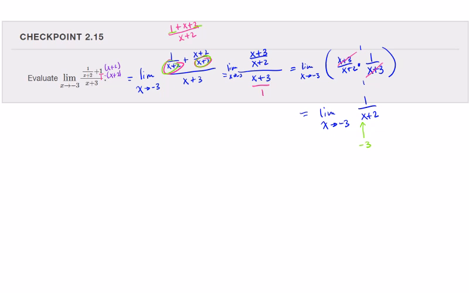So if I plug in -3 there, I'm no longer going to end up with a 0 in the denominator, and so I can actually directly evaluate this now. So it's going to be -3 plus 2, and that turns into -1 on the bottom. 1 over -1 is just -1.